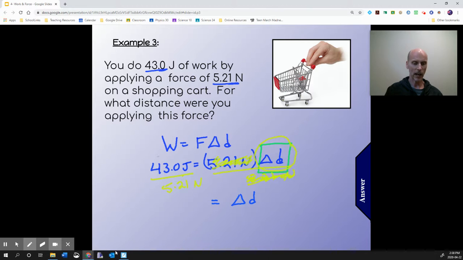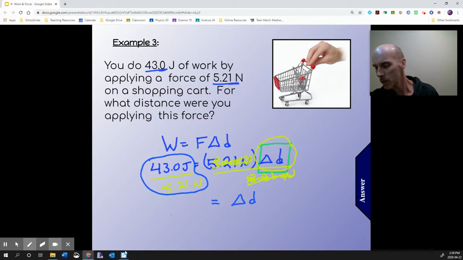On the other side, we have the equation that we need to put into our calculator, or the numerical values we need to calculate. We need to get 43 joules and divide it by 5.21 newtons. So take out your calculator, take your 43 joules divided by 5.21 newtons. Oh, should have had mine handy. Here it is. On my calculator, I get 43 divided by 5.21.